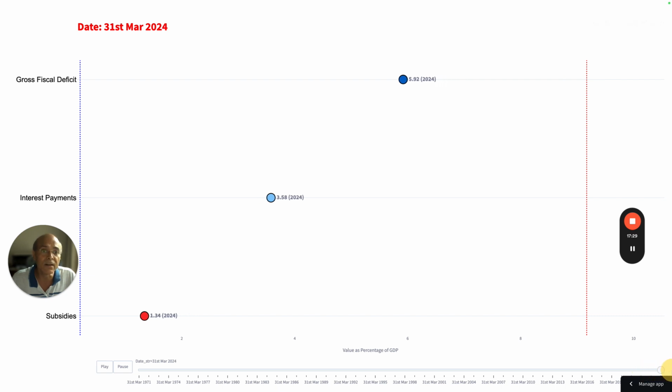At the end of the financial year, which is 31st March 2024, you can see that we have an interest payment obligation of 3.58% of the GDP, and subsidies are pegged down at 1.34% of the GDP.